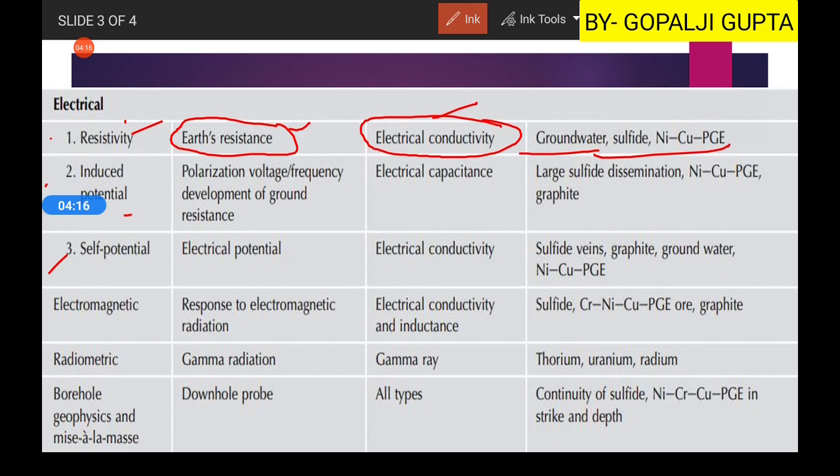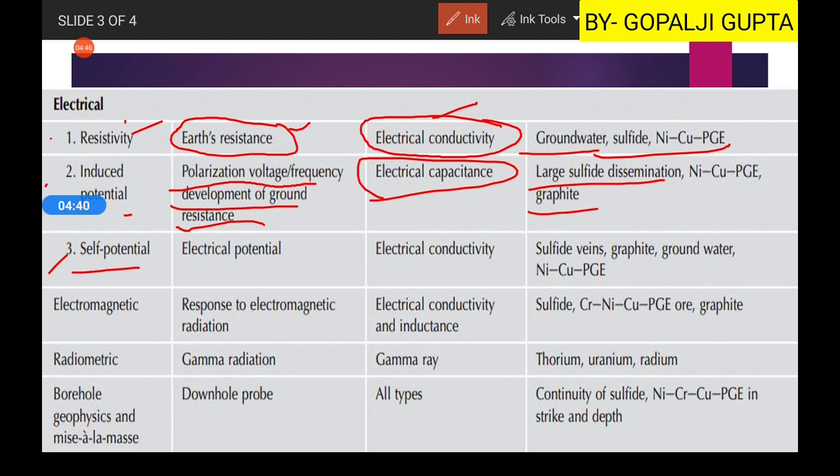Then for induced polarization we use polarization voltage, frequency, development of ground resistance, and we get the electrical capacitance of the particular deposit or rock, and we can identify large sulfide disseminations, nickel, copper, PGE and graphite deposits.